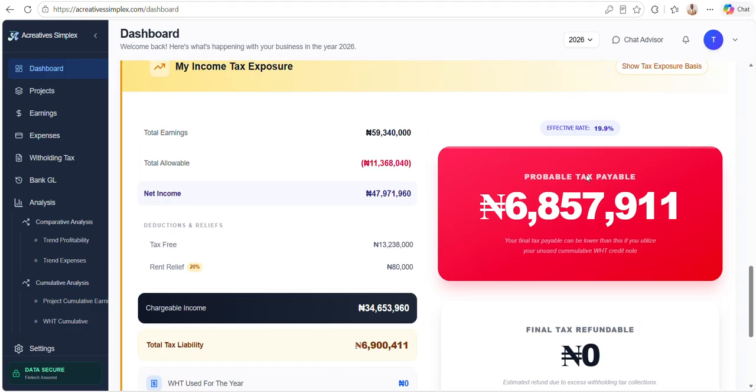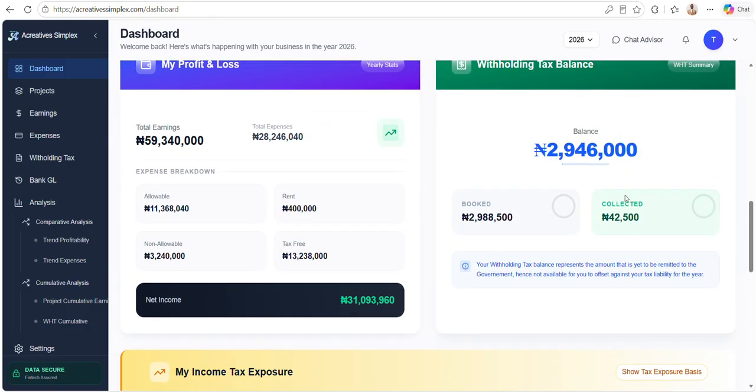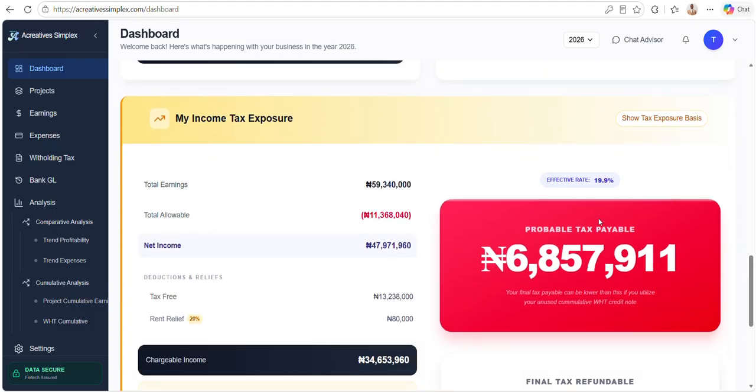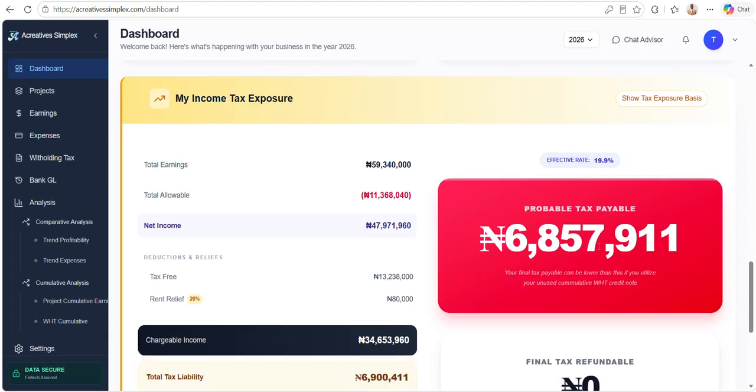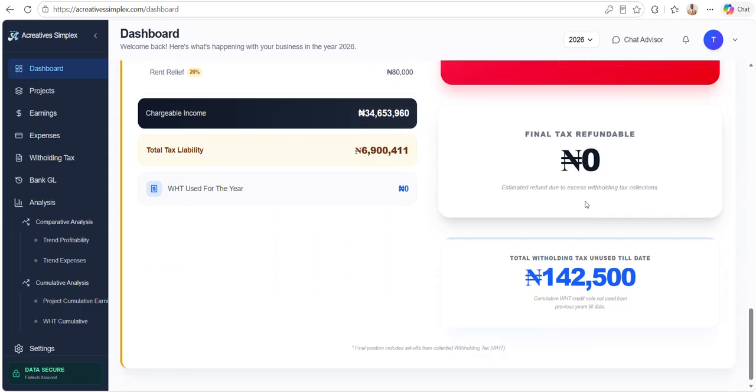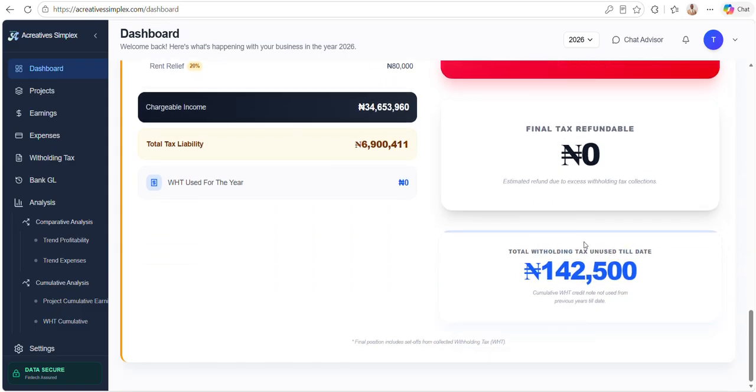Yes, because we have a withholding tax credit note that has been collected of 42,500,000. So that's why we have this as our probable tax payable after we recognize our withholding tax credits. Now, we also have our withholding tax unused till date. If you observe, we did not use any withholding tax for the year, while this is the cumulative of all the withholding tax that has not been used over the years.